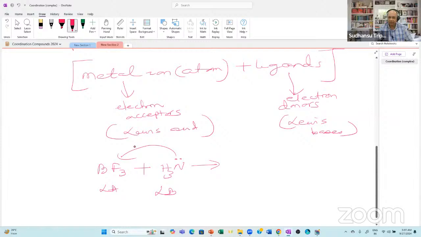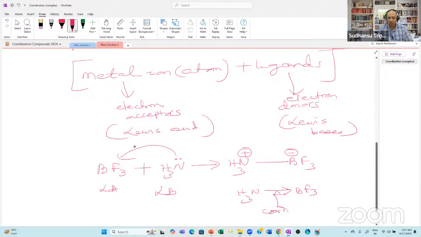So what happens? I'm writing ammonia on the left side and BF3. Usually kids put an arrow mark, but you are no kid. You write that the donor will have a formal positive charge and the acceptor will have a formal negative charge. A lay student or a kid below class 10 used to show an arrow mark for the dative bond.